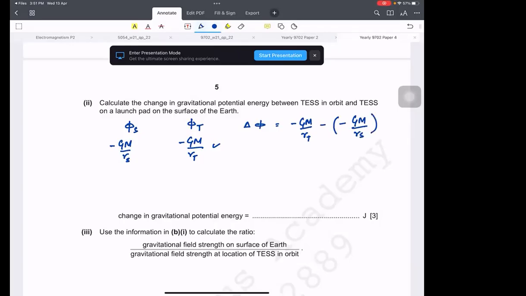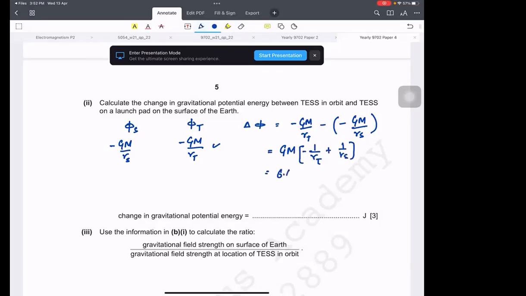Okay, I think so. Yeah. So then what you do? GM is the common one, so you could take GM outside, then 1 upon r s minus plus 1 upon r s, like this, right? This will give you the change in potential.